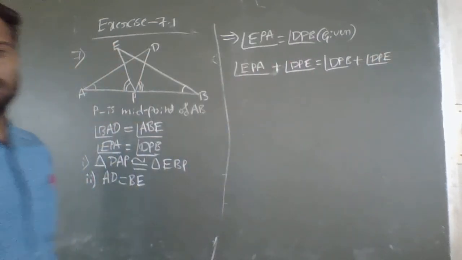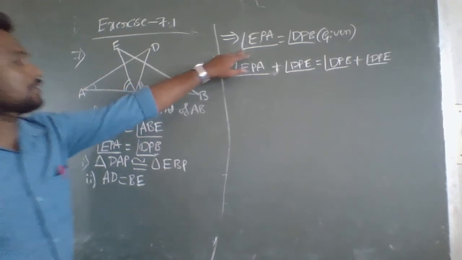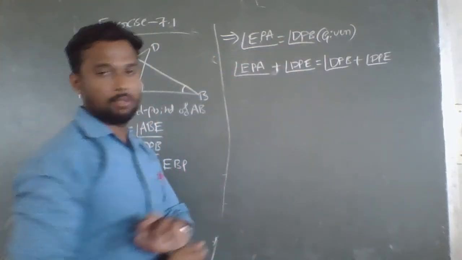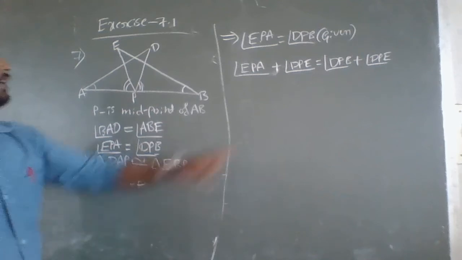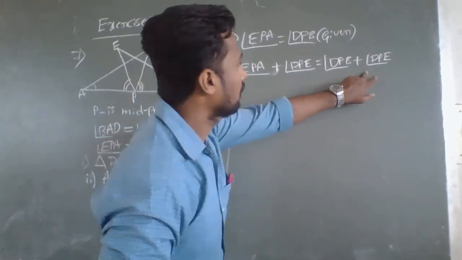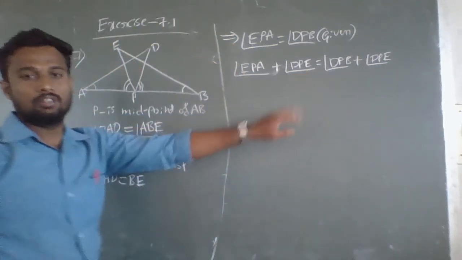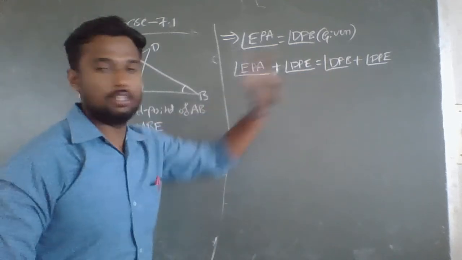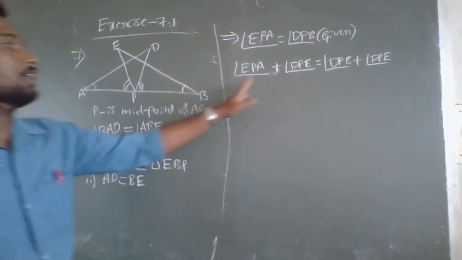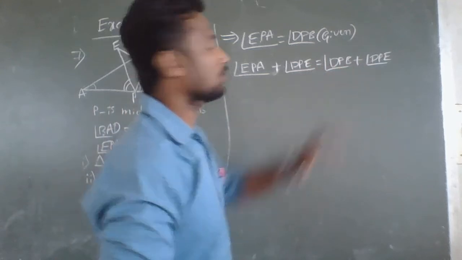So here we are given angle EPA is equal to angle DPB, and if I add angle DPE to both sides, then these two are still equal to each other. Why? Because I am adding angle DPE to both sides.